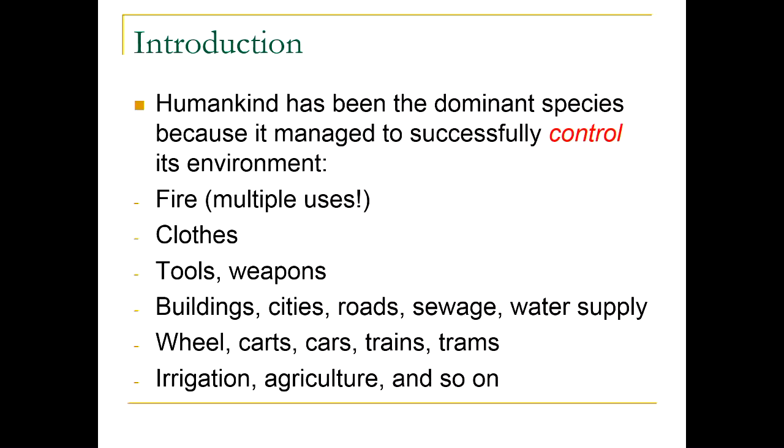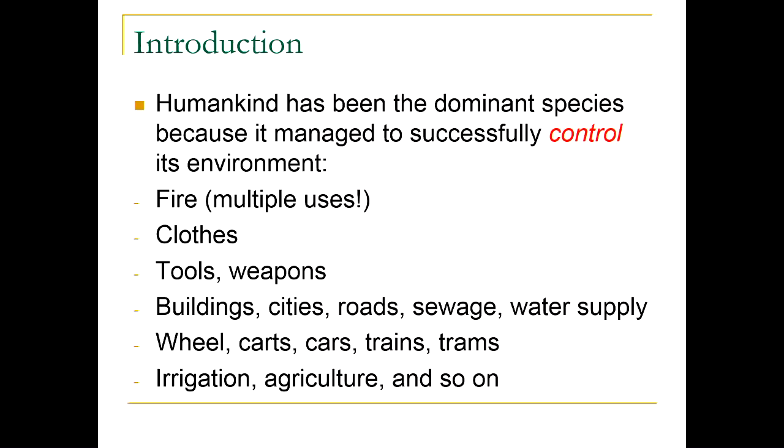Fire had multiple uses. You can start eating foods that otherwise you couldn't. Cooking, warmth. You control predators and defend yourself from them. Clothes: you can't imagine people conquering the North Pole and Canada without clothes.